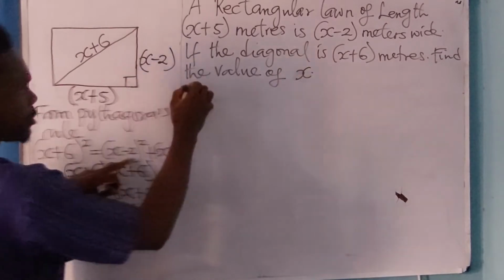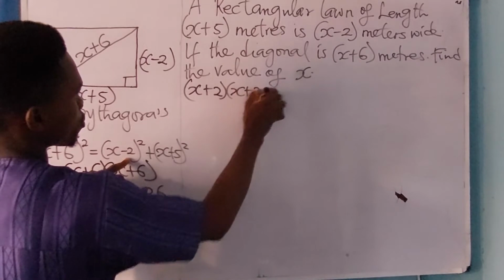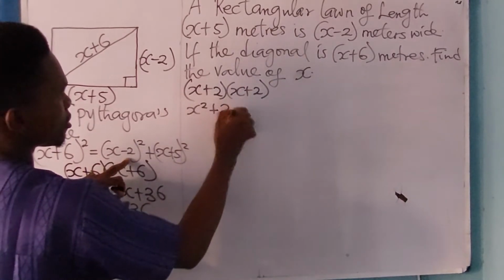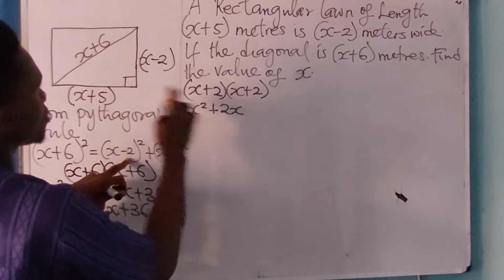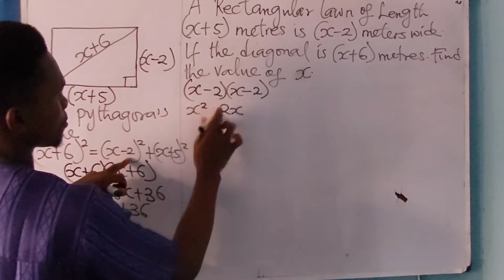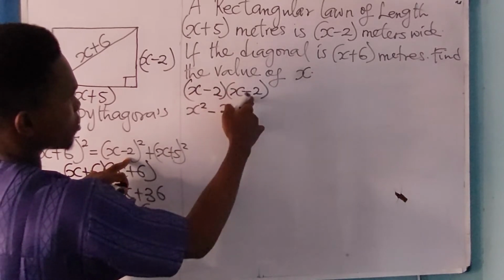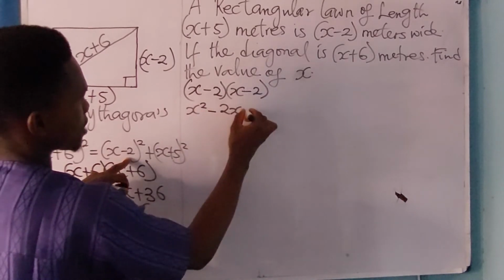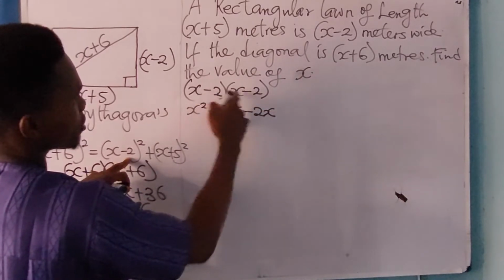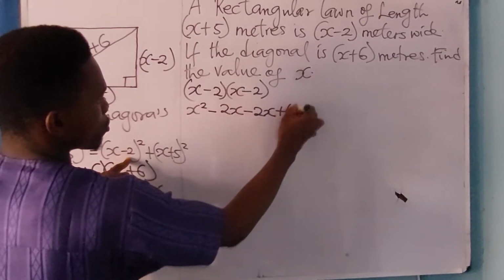Now the other one, x minus 2 twice. x times x is x squared, x times minus 2 is minus 2x, then minus 2 times x is minus 2x, then minus times minus is plus, and 2 times 2 is 4.